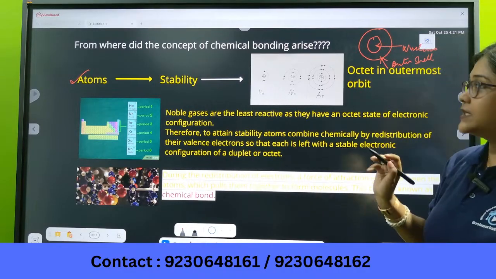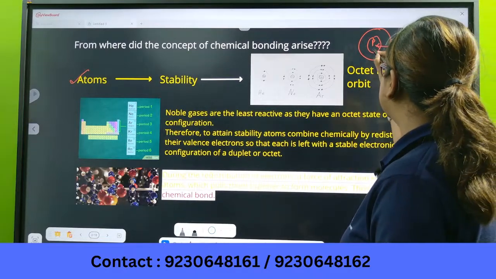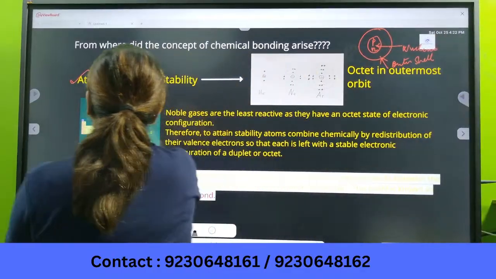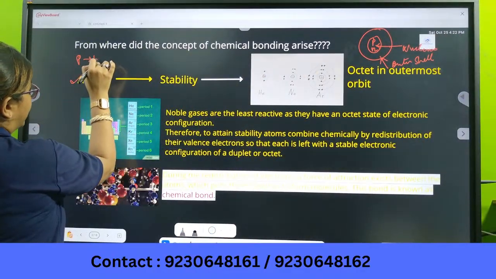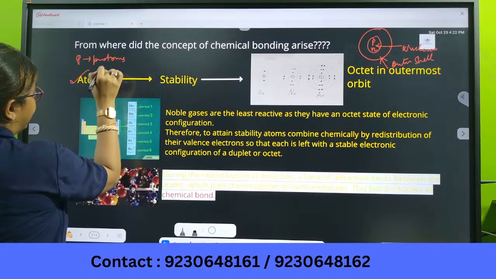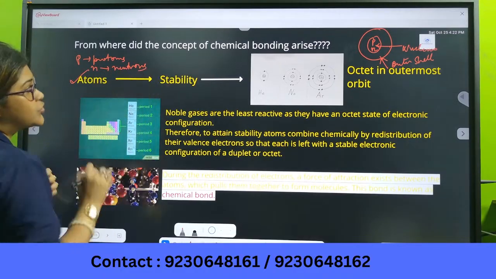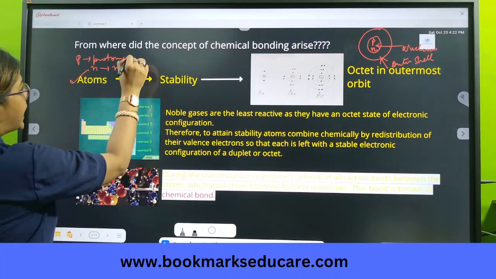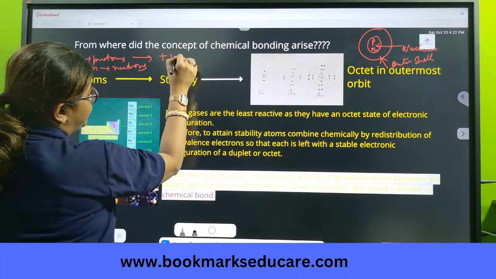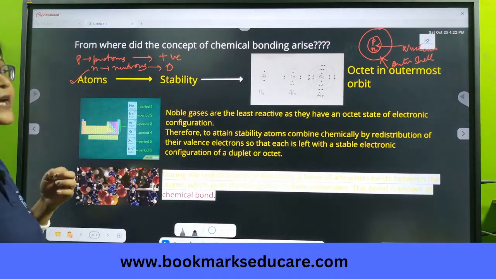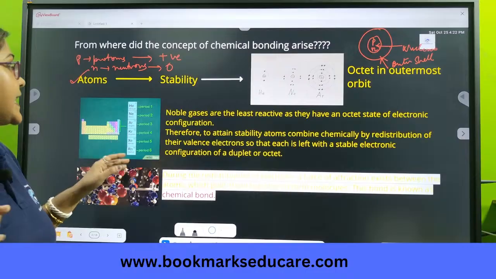In the nucleus, you have subatomic particles P and N. P stands for protons and N stands for neutrons. These protons carry a positive charge. Neutrons have 0 charge, that means the charge is negligible.